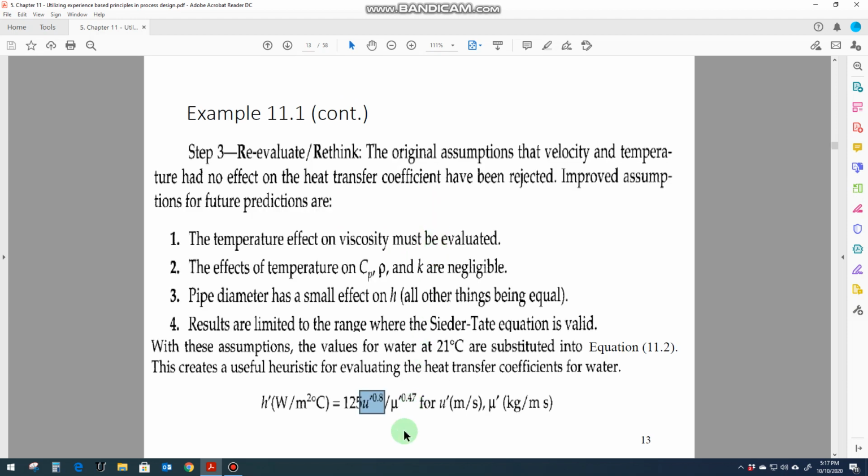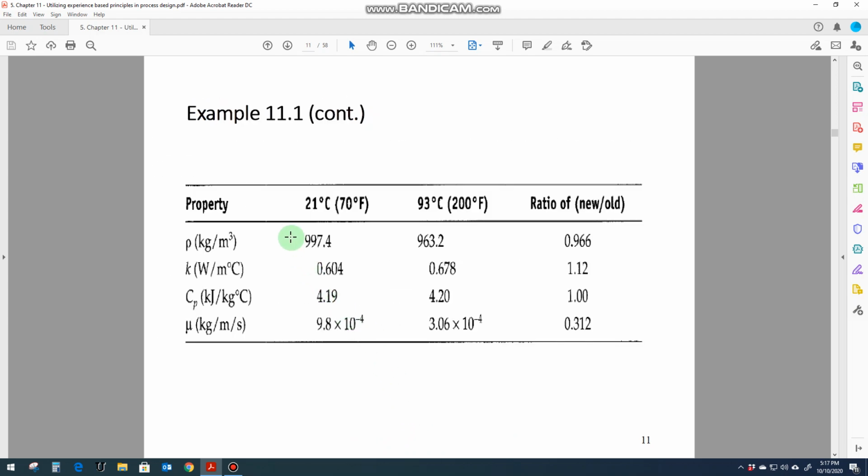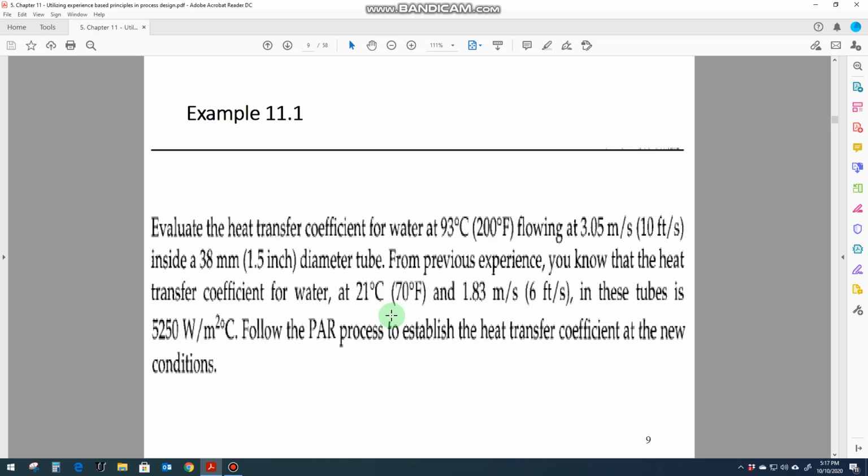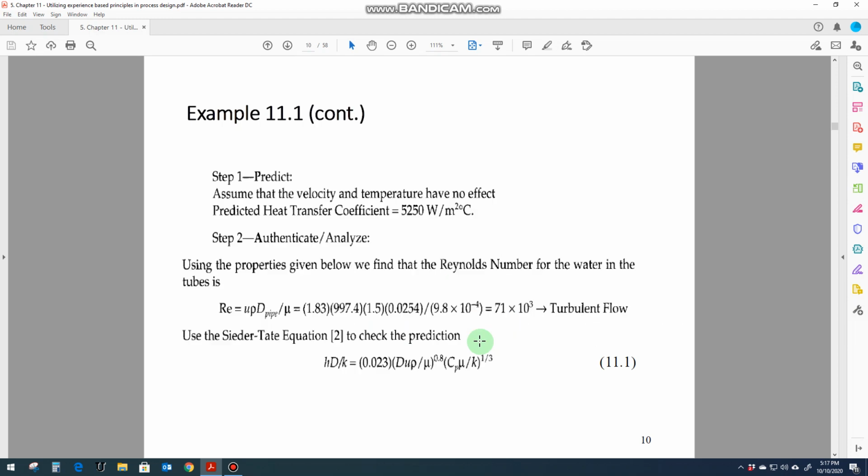So the new equation that we get will be in this form: 125 multiplied by velocity to the power 0.8, divided by viscosity to the power 0.47. Now if you put in the values for the velocity and the viscosity that we had in the equation earlier, we have the value for the velocity, sorry, 1.83. So you can get some value which is close to this one.